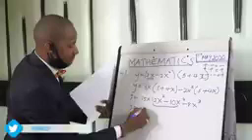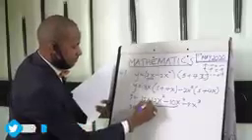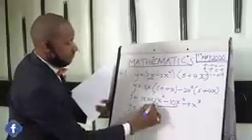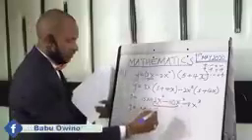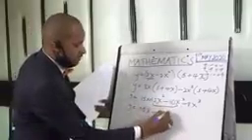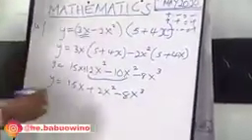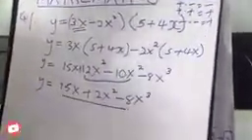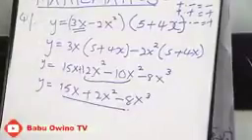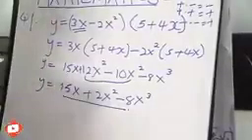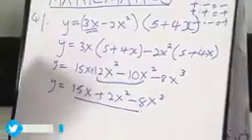So we have 15x plus 12x squared minus 10x squared is 2x squared, minus 8x cubed. So this is our simplified value for y.